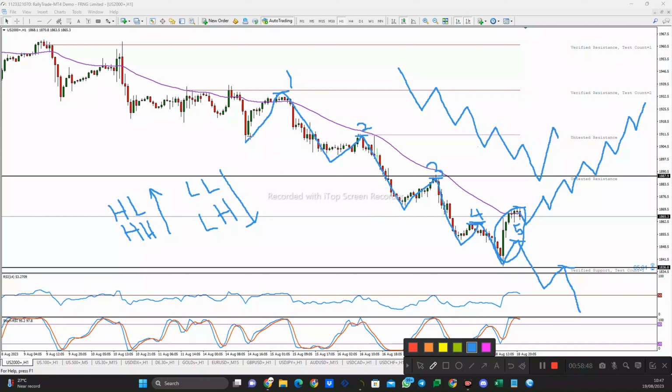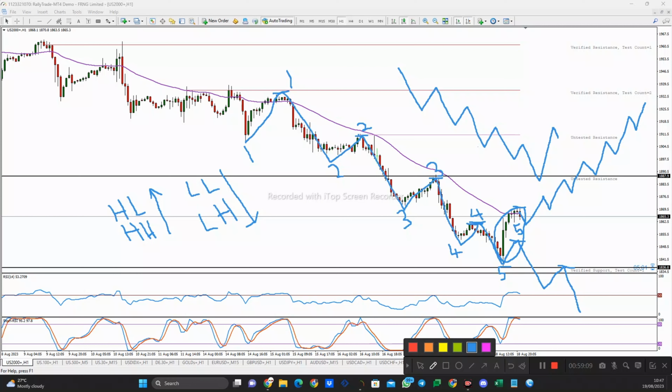As you can see, this is the first low, second low, third low, fourth low, and fifth one. A series of higher highs and higher lows will always give us an uptrend, while a series of lower highs and lower lows will always give us a what? A downtrend. Okay.